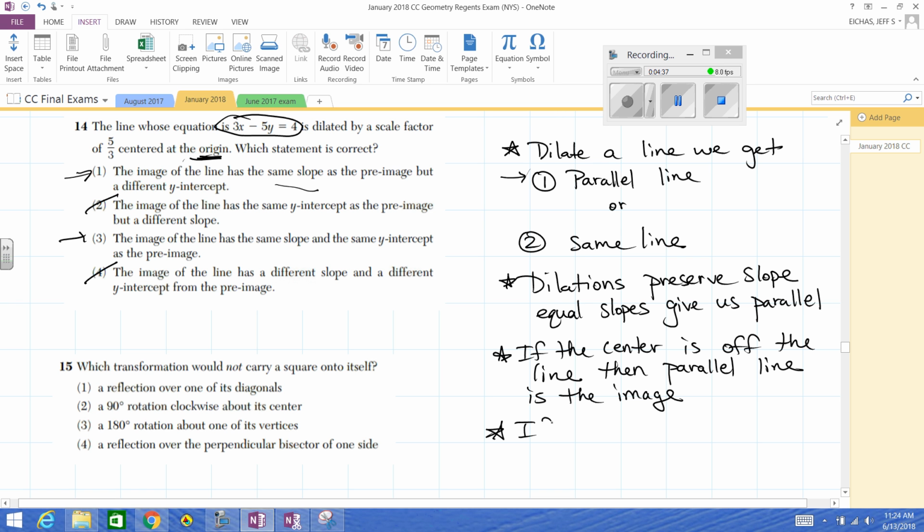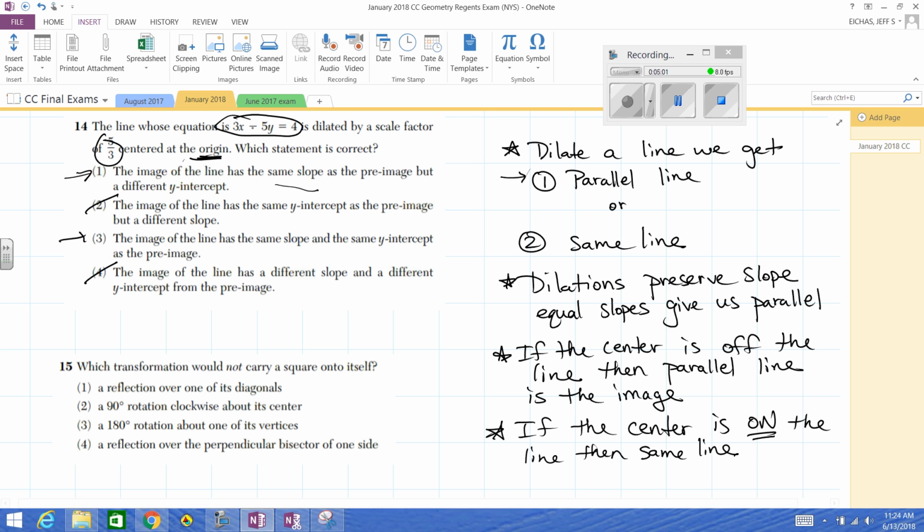If the center is on the line, then same line. All that happens is the points move further from the center or closer, depending on the scale factor. In this case, they'd move further from the center, the individual points, but they'd stay on the same line.